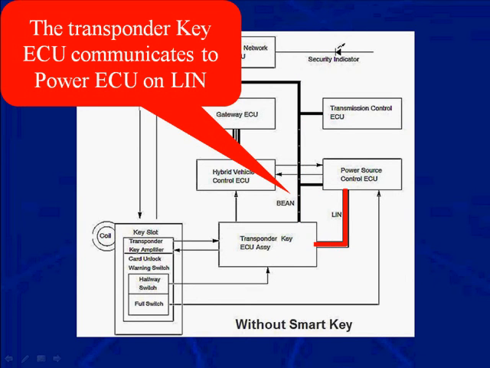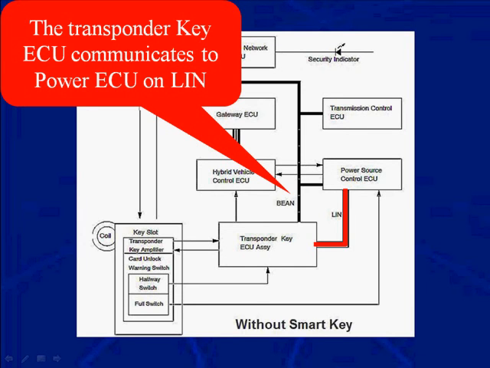If it needs to talk to the power ECU in a different circuit, it uses LIN. Now the transponder key ECU also communicates on the BEAN as well as the LIN circuit. Now this can be for redundancy or something that Toyota's doing proprietarily.